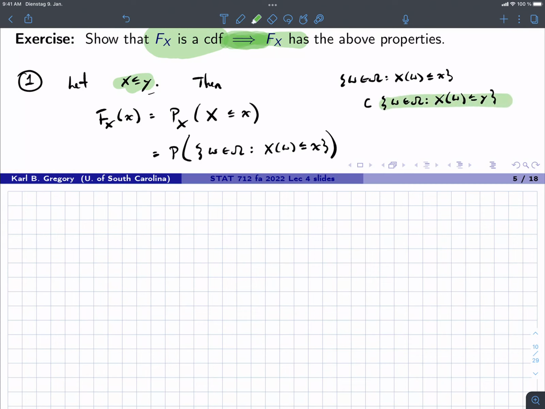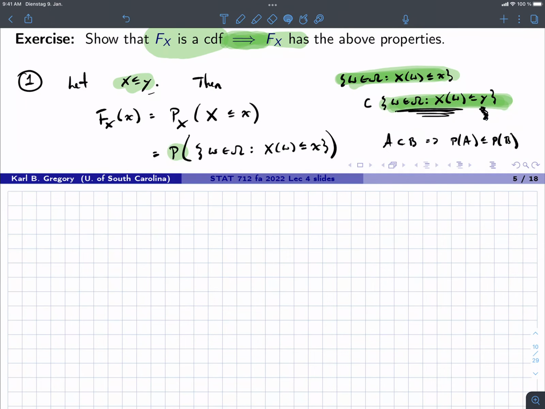So this one is a subset of this one, because if I make this bigger, then I include potentially more outcomes of x. So remember, the probability function works like this. If I have a set A contained in the set B, it means the probability of A is less than or equal to the probability of B.